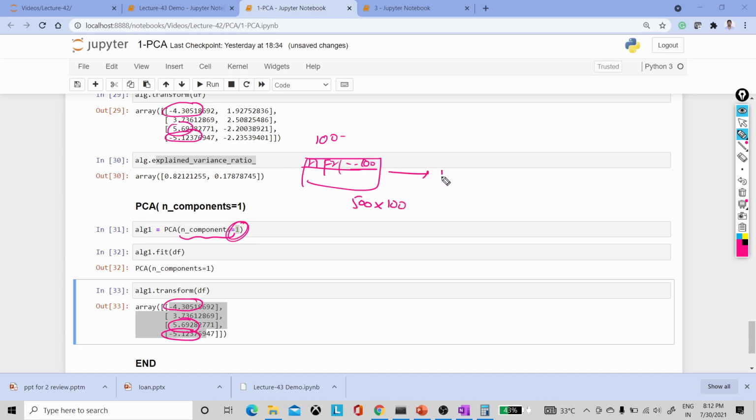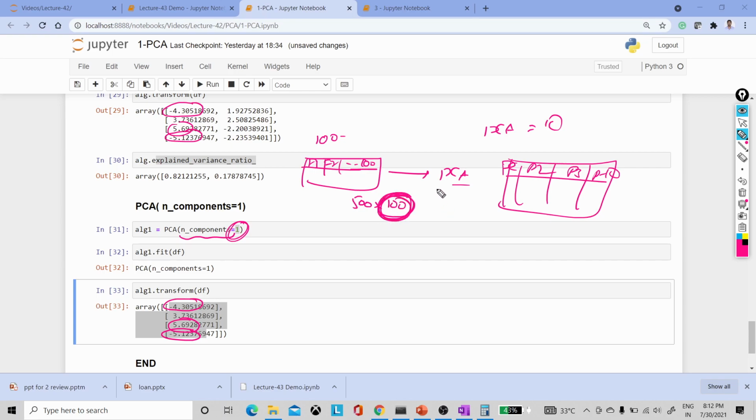When you apply the PCA, suppose you give the PCA equal to 10. So 100 columns of data will be converted into the forms of PC1, PC2, PC3 up to PC10. Means 100 columns of information will be reduced into 10 component features without losing the information. So that is the concept of the PCA.